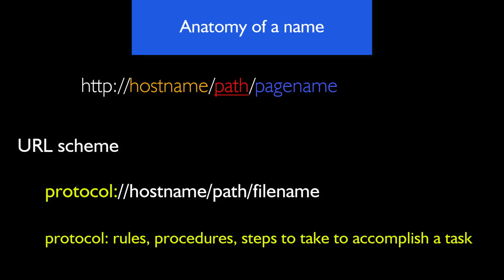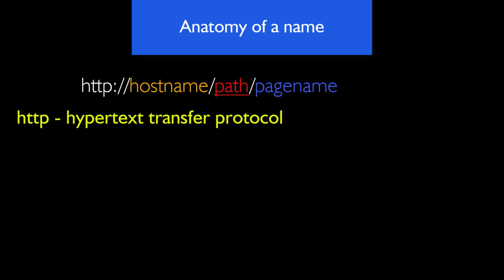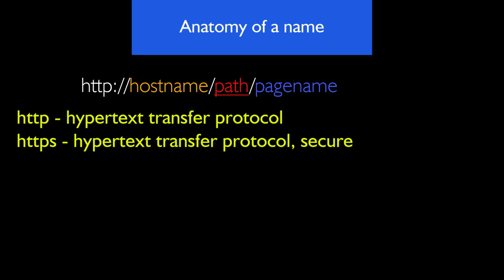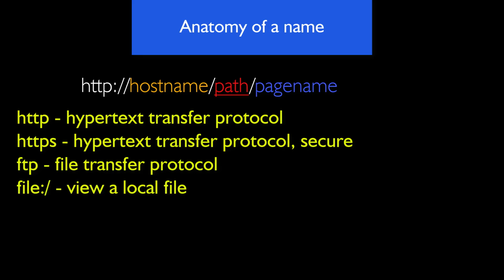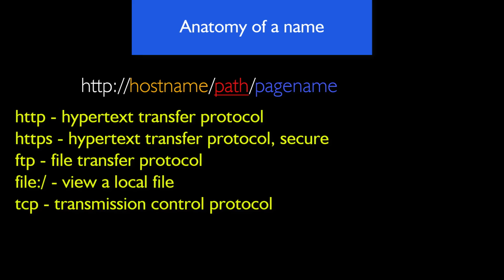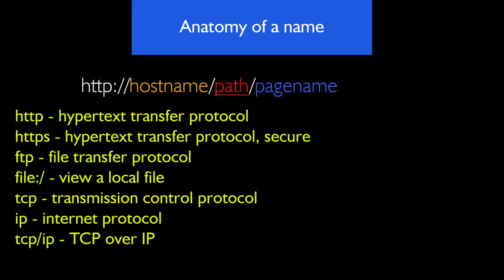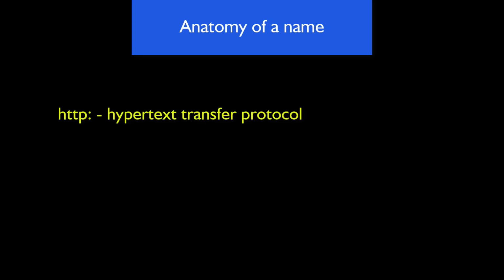In these courses, we will see these protocols: HTTP, Hypertext Transfer Protocol; HTTPS, Hypertext Transfer Protocol Secure; FTP, File Transfer Protocol; file:/ to view a local file; TCP, Transmission Control Protocol; IP, Internet Protocol; and TCP/IP, TCP over IP. Again, there is supplemental information on the website for the interested student, but for our purposes, we will most frequently use HTTP.